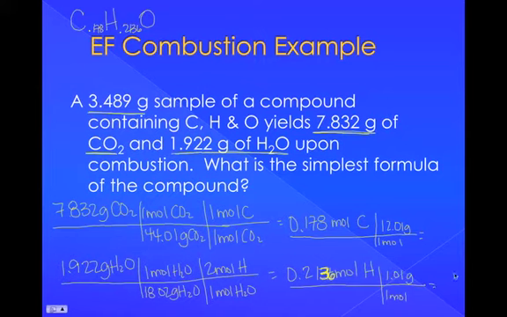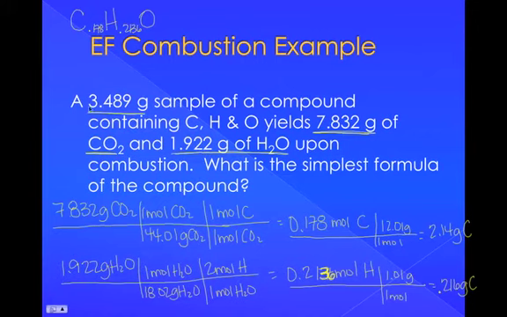And so 0.178 times 12.01 is 2.14 grams. And then for the other one, 0.2136 times 1.01 is 0.216. That's grams of carbon, and this is grams of hydrogen.